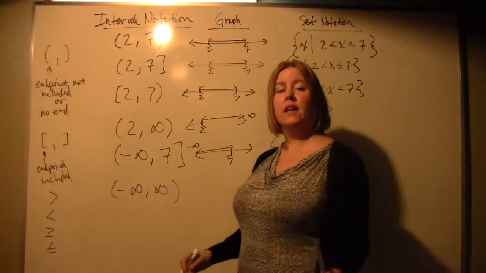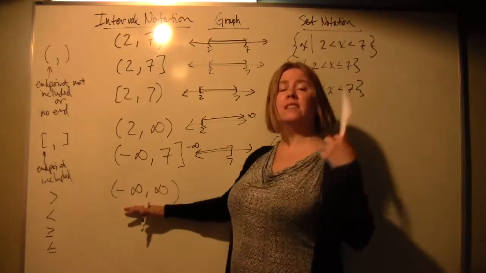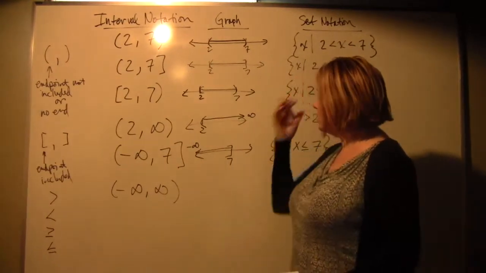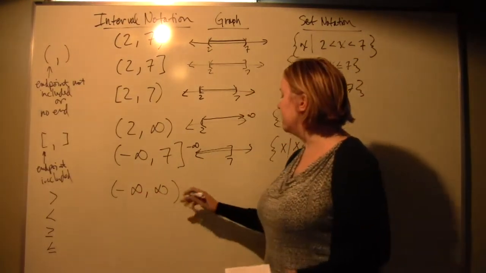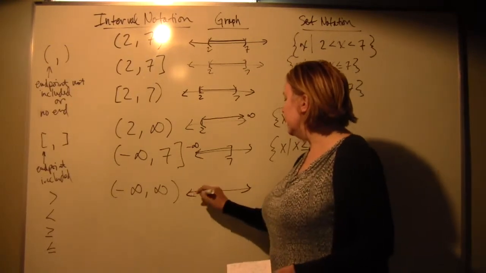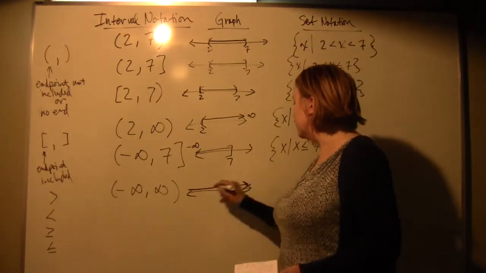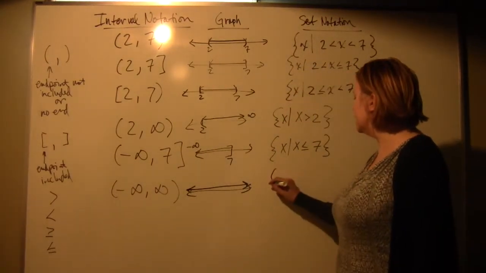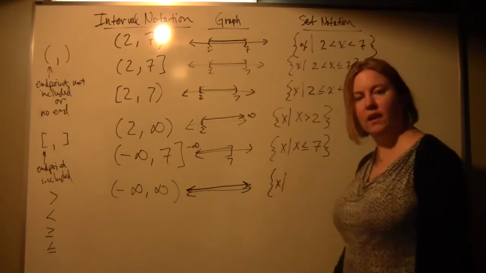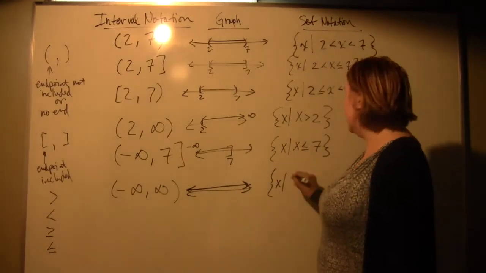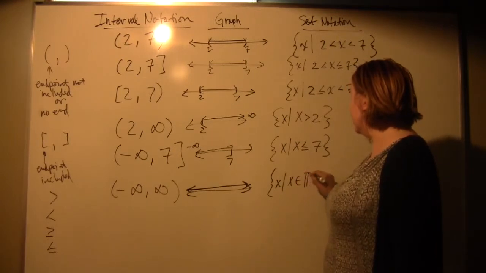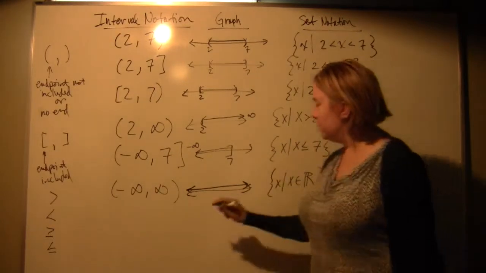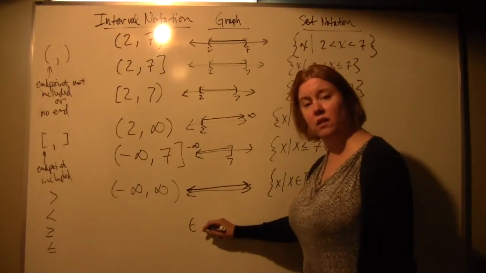Okay, now this means x can be any real number. There is no bound on x at all. So from negative infinity to infinity, you're simply going to put an arrow on both ends for your graph. And this is the set of all x such that you can say x is an element of the real numbers. Okay, x is real. Element of, this is epsilon.